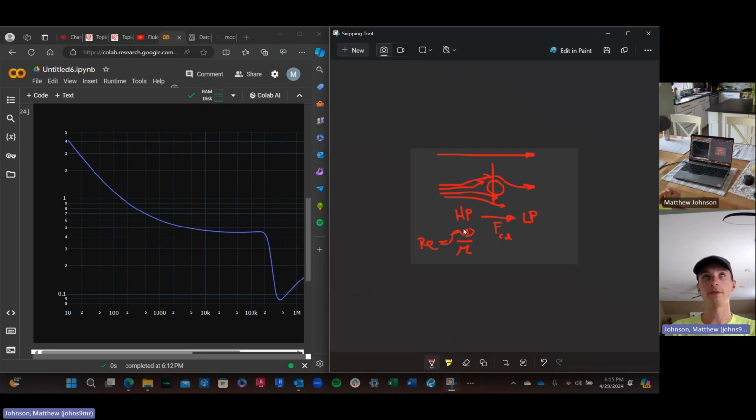And if you remember from a few videos ago, we plotted a Moody diagram and we talked about the Reynolds number and the different regimes of flow. There's turbulent flow and laminar flow. Well, what happens is when you get to a Reynolds number of about 300,000, you achieve a flow that is turbulent, and it helps carry air down into the void, and it creates a higher low pressure region.